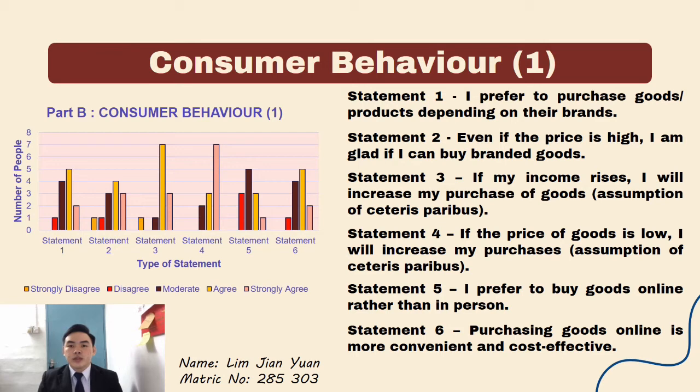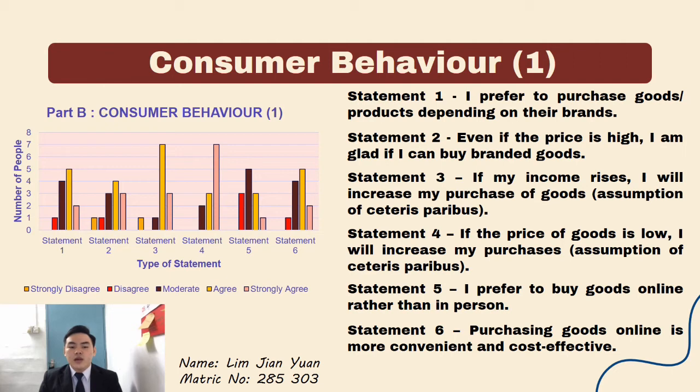If the price of good is low, I will increase my purchase, is statement 4. There are 7 respondents who strongly agree to this statement. For statement 5, I prefer to buy goods online rather than in person. There are 3 respondents who answer disagree with this statement, because of shipping problems and delays.